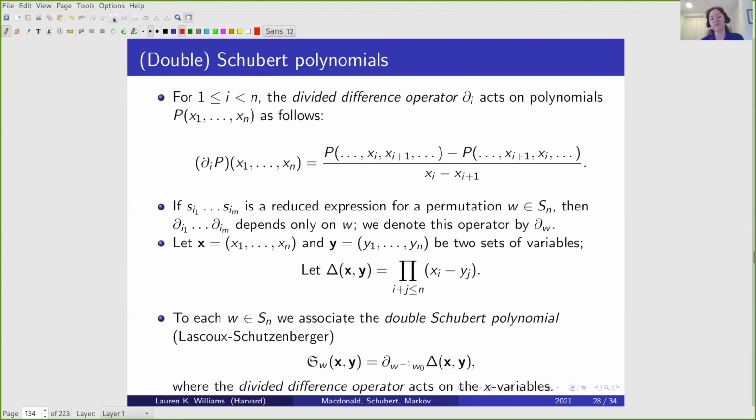To define your double Schubert polynomial S sub w, you start with this delta xy, and then act by the divided difference operator del associated to the permutation w inverse w naught, where w naught is the longest permutation. So w naught sends 1 to n, 2 to n minus 1, and n to 1.